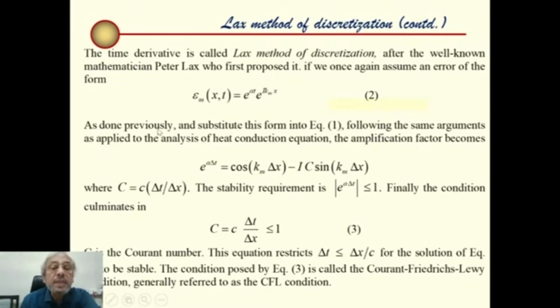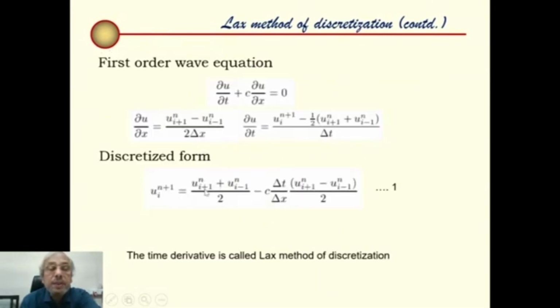As done previously, we substitute equation 2 in equation 1. That means in this equation, if u is substituted by d plus error, then the equation is valid, and it is valid in d also.